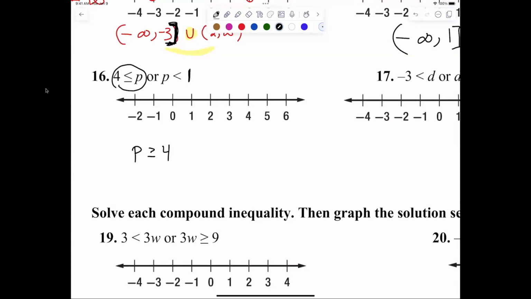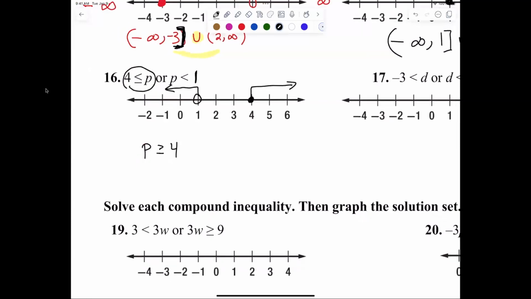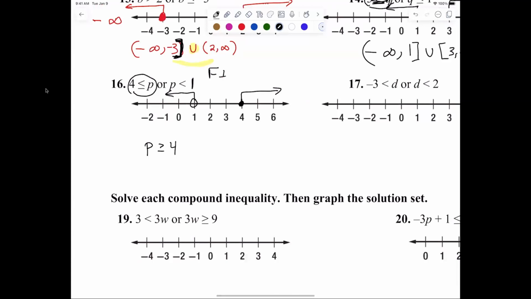So if you're greater than or equal to 4, we're going here. And if I'm less than 1, I'm going here. So that means writing it in interval notation. What do we got? Go, Liv.